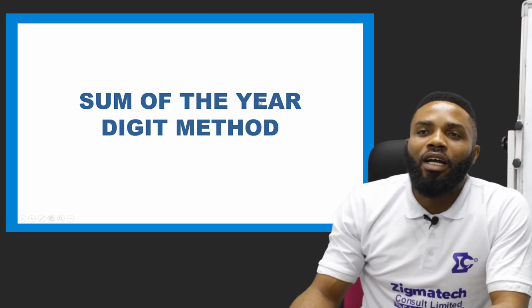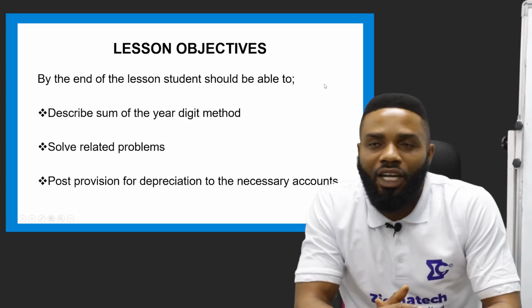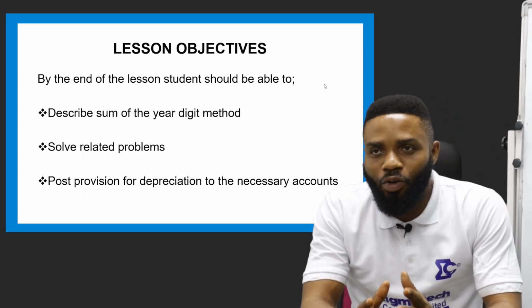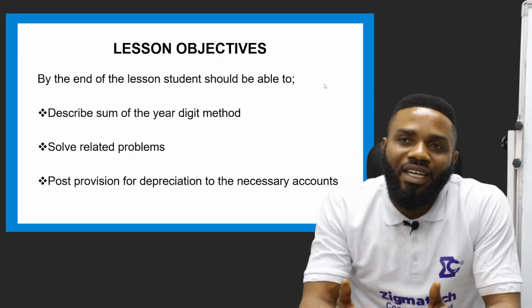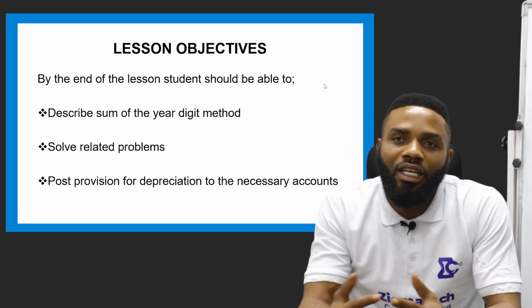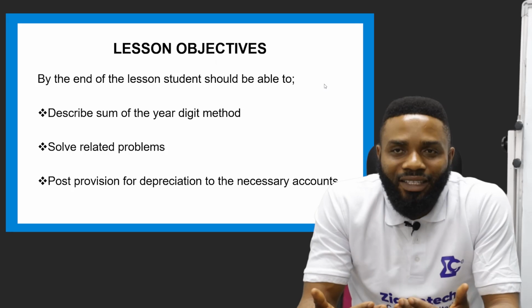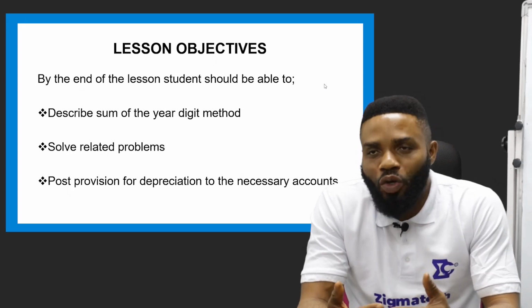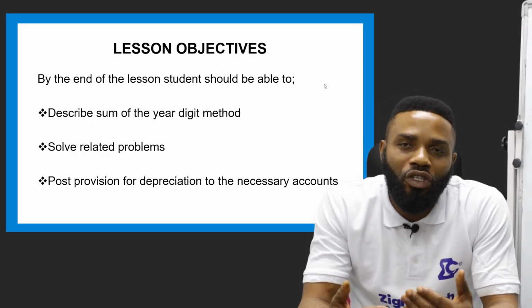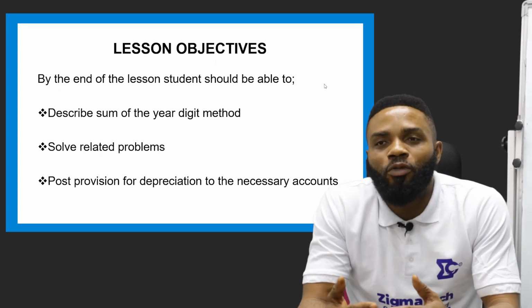Very quickly, let's look at what we call the lesson objective, what serves as the focus of our interaction, what we intend to achieve in today's lesson. Number one, we want to look at how the sum of the year digit method looks. How will you be able to differentiate this method from other methods?